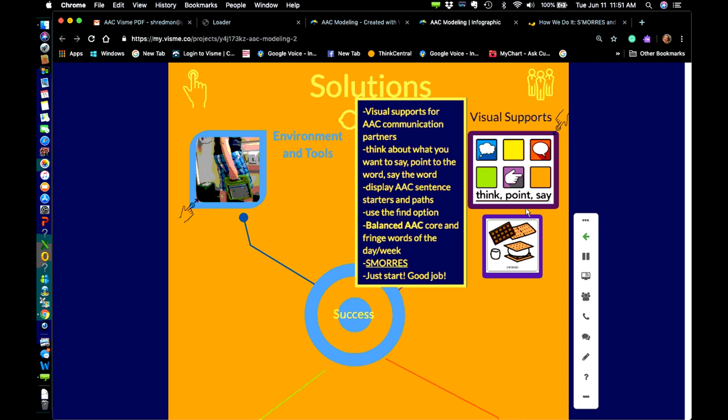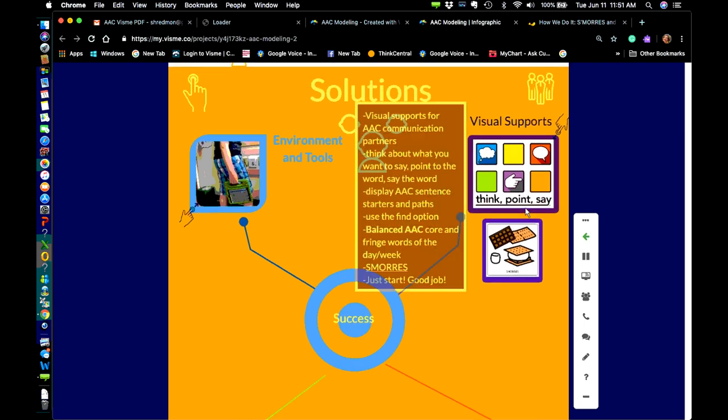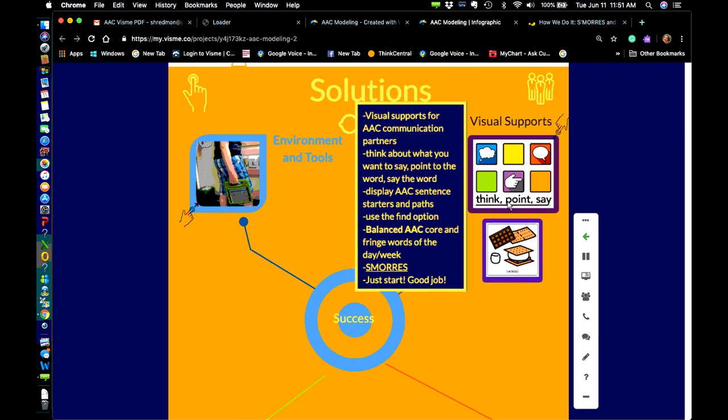Okay, so I'm going to keep going. I talked about balance, AAC, fringe, core of the week. We could go a whole day about that. This idea of S'MORES, we have this link down below, and S'MORES is something that is new to me, and I found it interesting when Kelly brought it up, because it was everything that I had put on this slide, just packaged in a really nice, neat infographic, if you will.